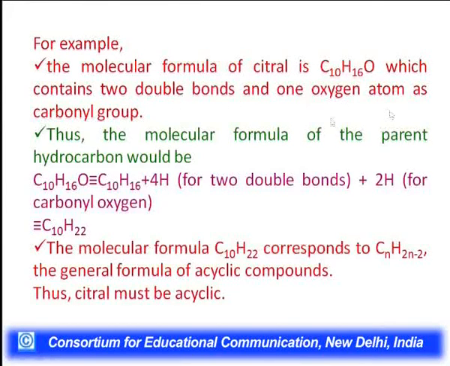And since there is one carbon-oxygen double bond of carbonyl nature, we can add 2 more hydrogens for the carbonyl oxygen equivalent. So the molecular formula then becomes C10H22. If we convert this molecular formula into the general formula, it becomes CnH2n+2, and this is the general formula for acyclic compounds. So from here we can conclude that citral must be acyclic in nature. There is no ring in the citral terpenoid.